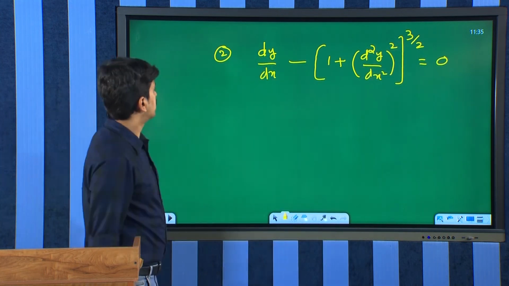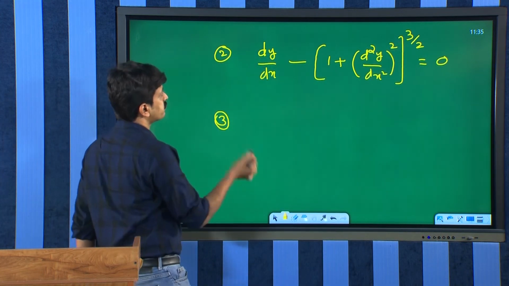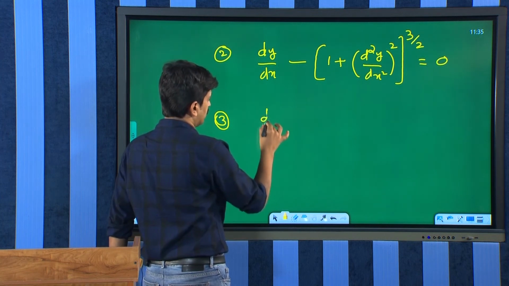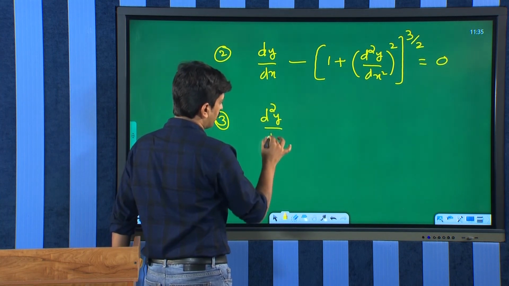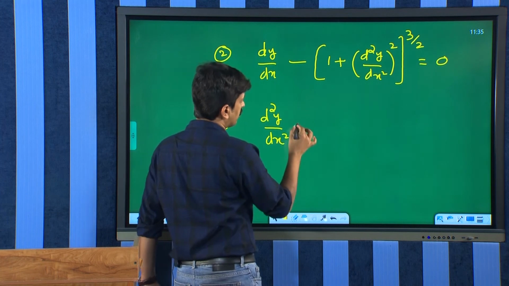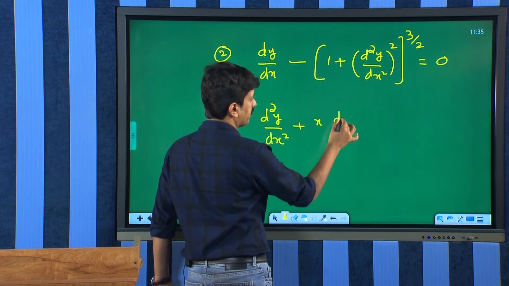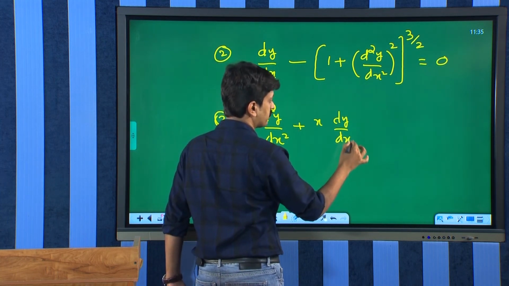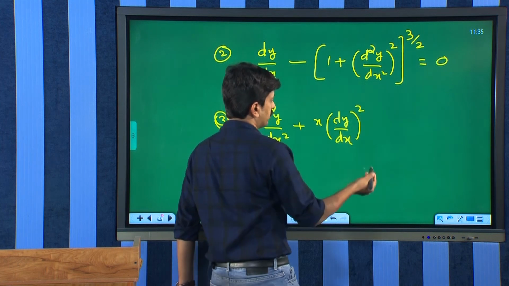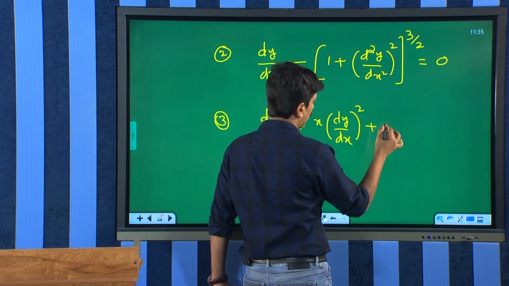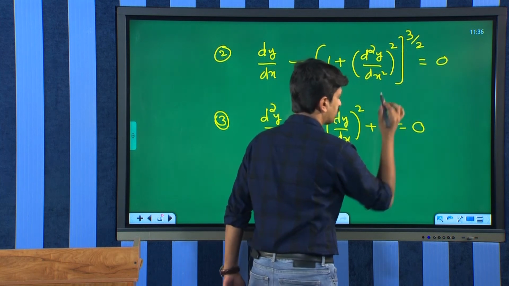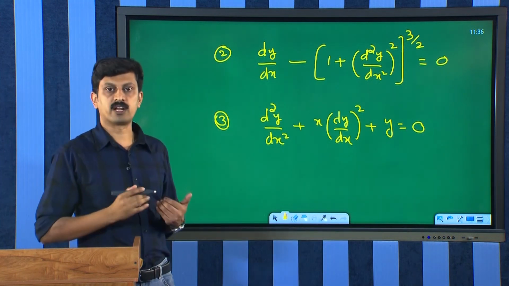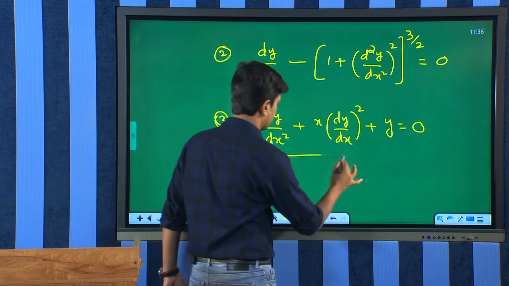And the third equation is d²y/dx² plus x times (dy/dx) whole square plus y is equal to 0. So, just evaluate the order and degree of the differential equations in these questions.